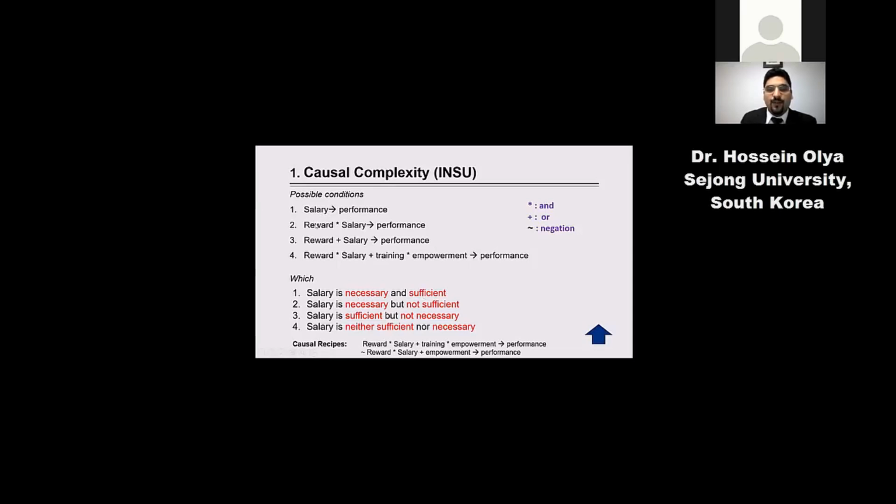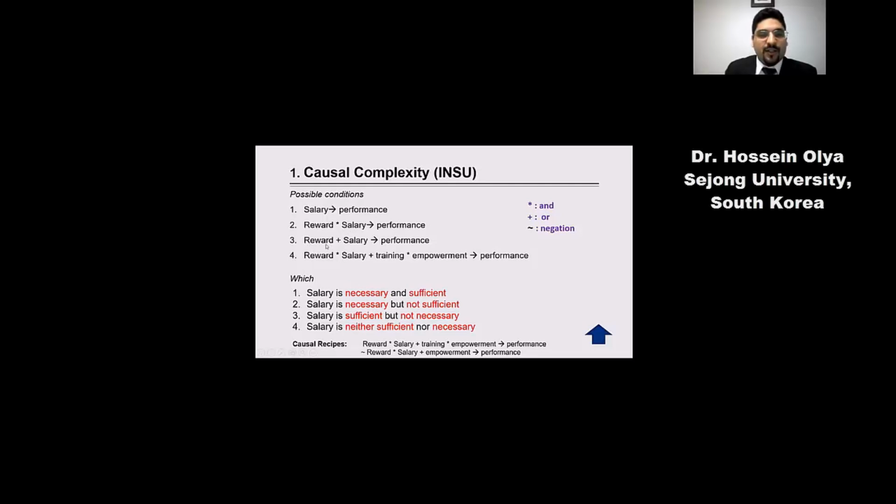But in the second one, we have one more factor, which is reward. When you add this factor, salary is not sufficient anymore, although it is still necessary. Look at the third condition, and you will understand clearly. The third condition advises us that reward or salary leads to a high level of performance.